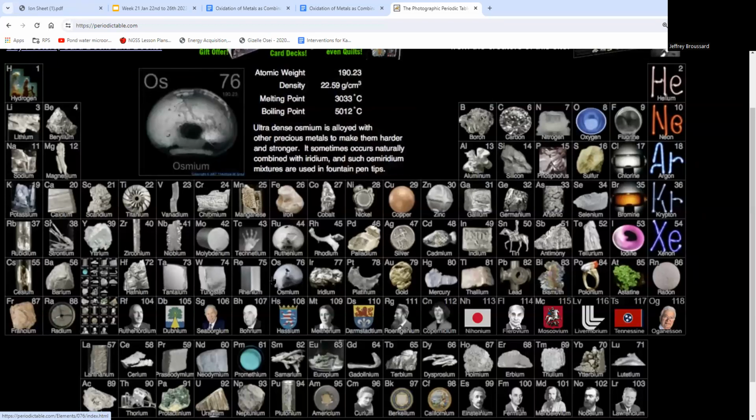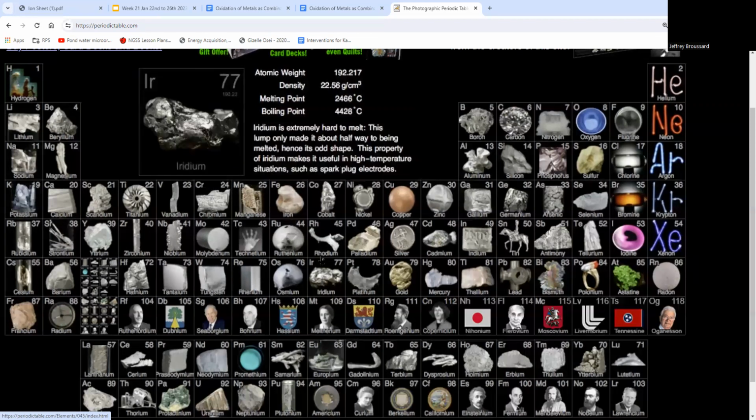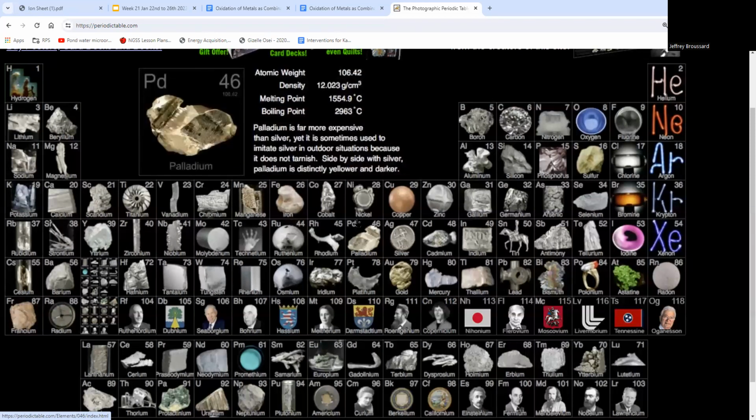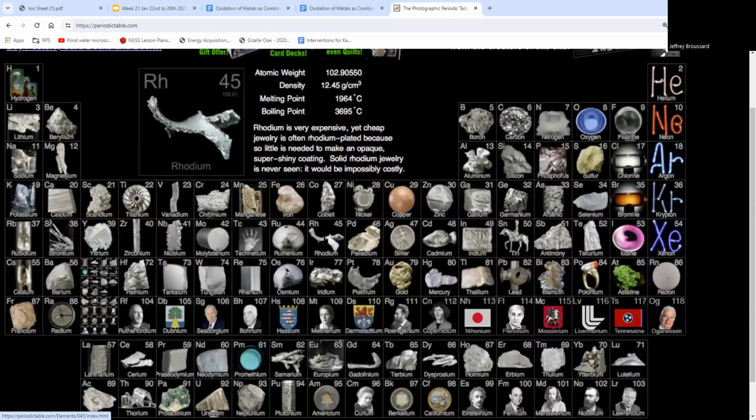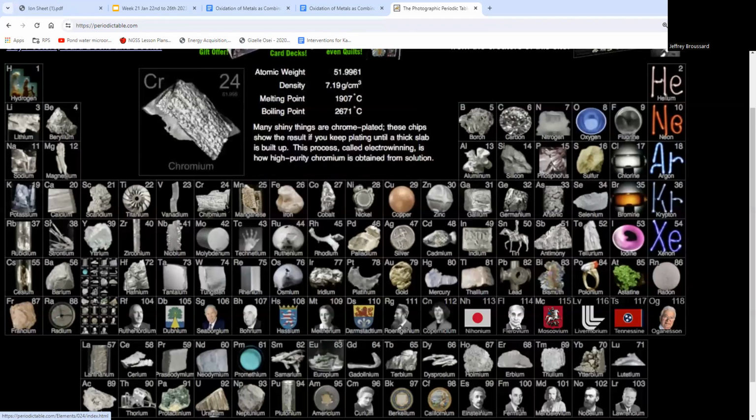You don't usually find many of them in this form. They are usually combined with other elements when you do find them in nature. But for the purposes of this lesson, when I say a metal, you should think of it as a shiny gray thing that has the potential to rust.